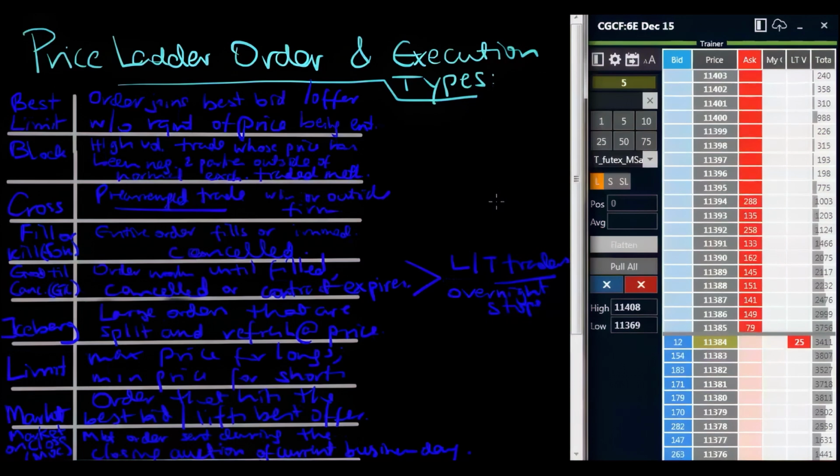So please, if you have a minute, maybe go through this video again if you have time. Make sure you understand these concepts. We will be revisiting a lot of these order types as we trade on the price ladder and build our skill set in trading price action.